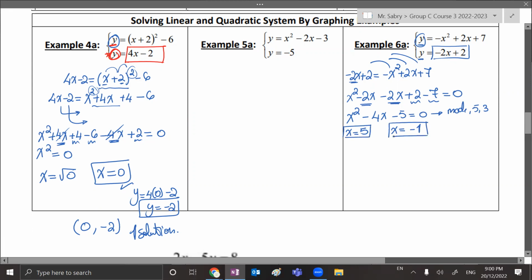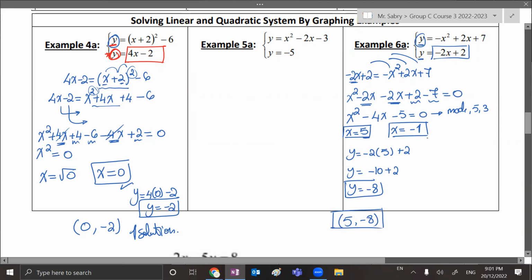What do I do when I get 2 x values? Substitute both of them in any equation as well. So first, let's substitute the 5 here. So y will be equal to negative 2 times 5 plus 2. That means y is equal to negative 10 plus 2, which means y is equal to negative 8. So the first solution is 5 and negative 8. The first point is 5 and negative 8.